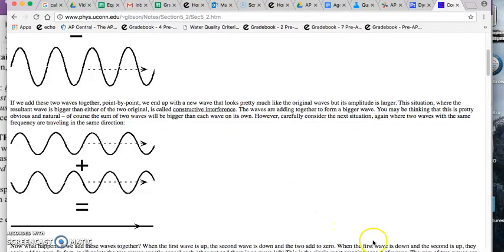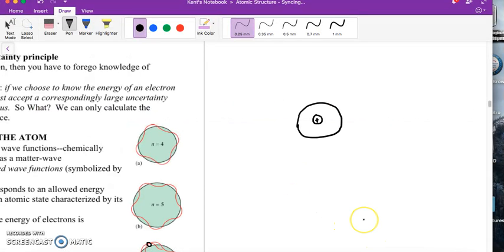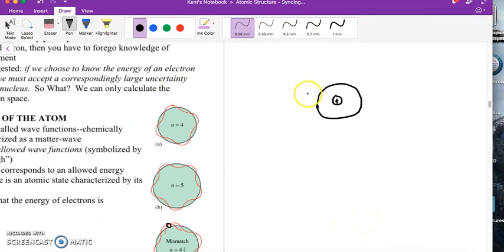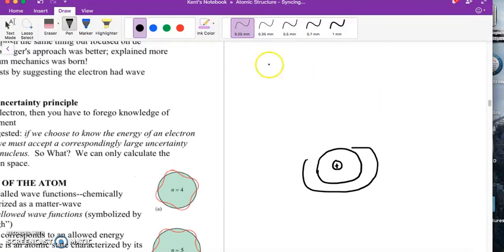And this actually, in a roundabout way, explains why you don't find electrons in the spaces, or why the probability of finding an electron in the spaces between energy levels is limited.